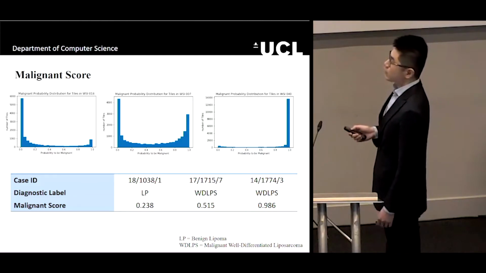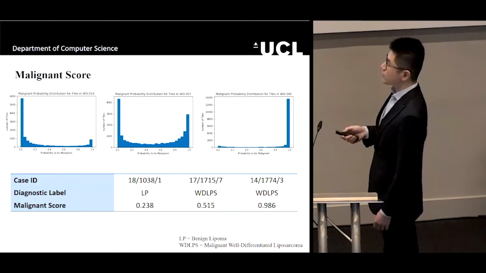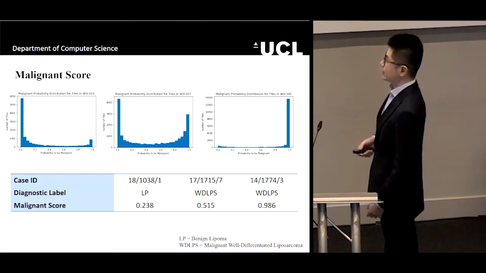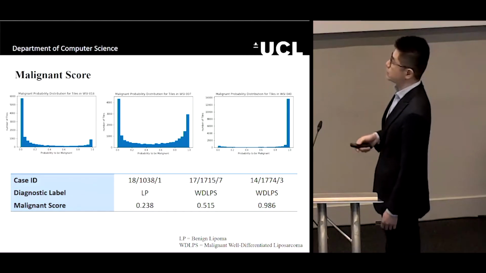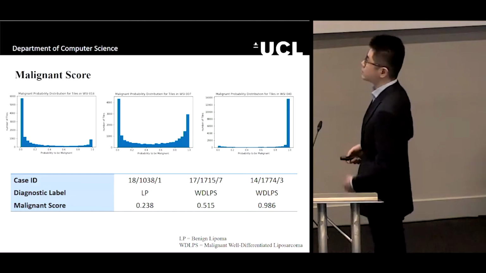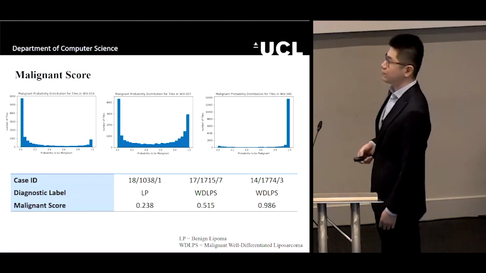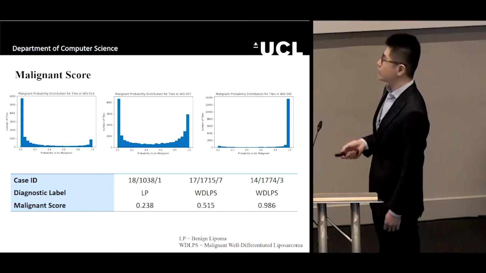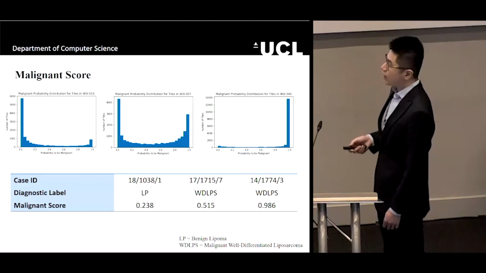For example, in the first one, the majority of the tiles have a very low malignant score, which means the majority of the first sample is benign-like. Very few tiles in the first sample have a high malignant score, which means those tiles are malignant. After we choose a threshold of 0.5 as a starting point, we can then calculate the malignant score of every whole slide image.